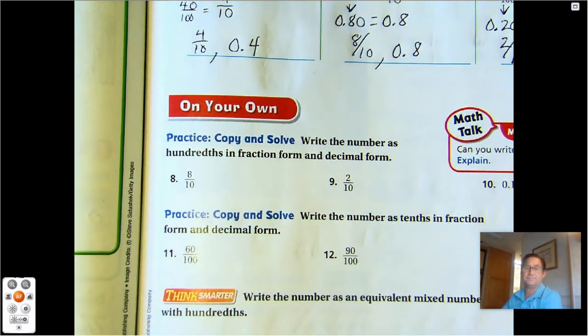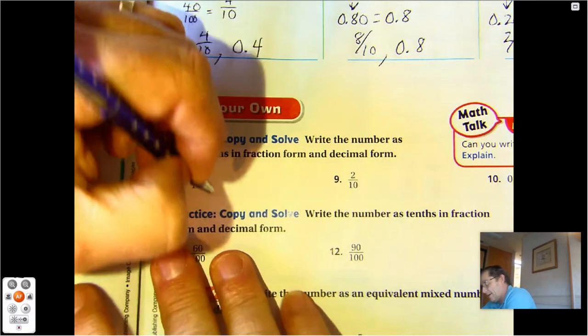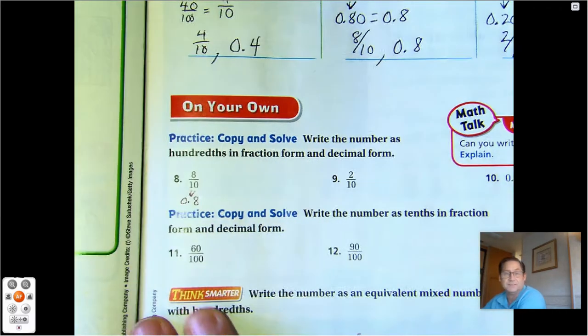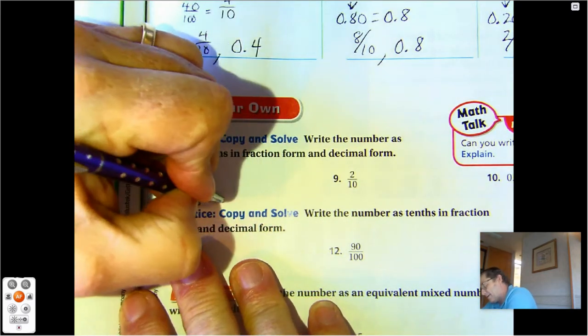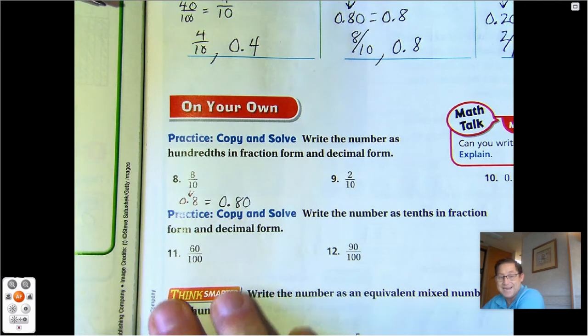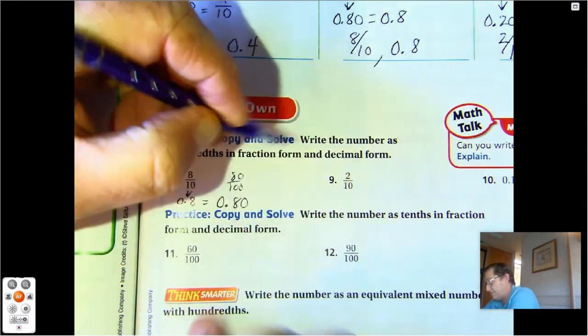Okay, number 8. Write the numbers as hundredths in fraction form and decimal form. All right, so 8 tenths is written as 0.8 as a decimal. It's equivalent to 0.80, and we read this as 80 hundredths.